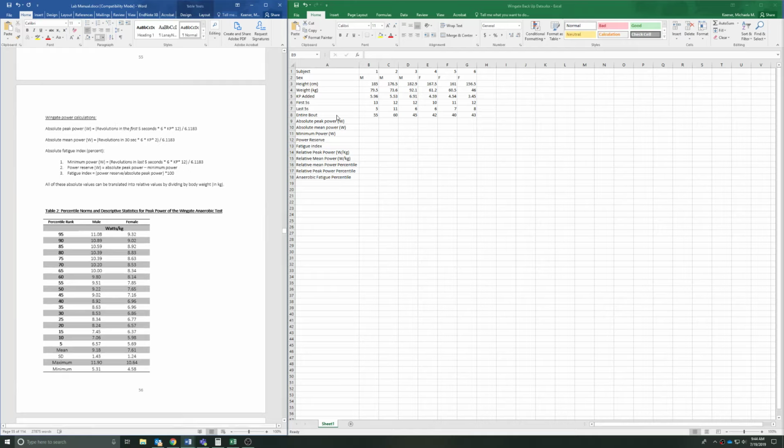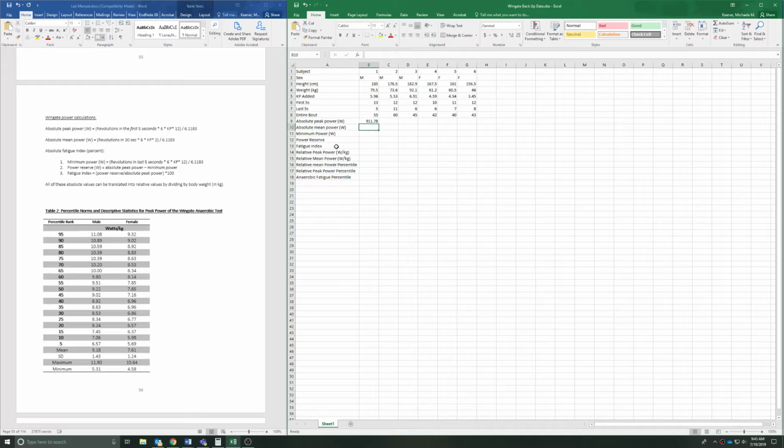So absolute peak power is the first 5 seconds multiplied by 6 multiplied by Kp dropped or added times 12. I forgot my parentheses. And I'm going to divide all of that by 6.1183. And we only need 2 decimal places.